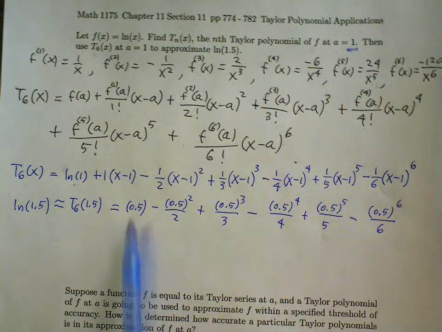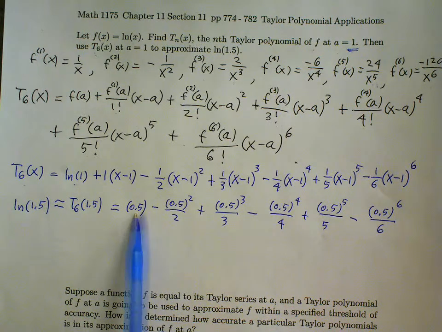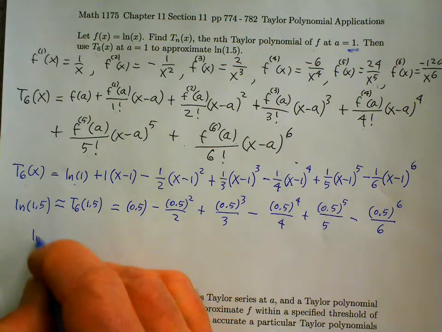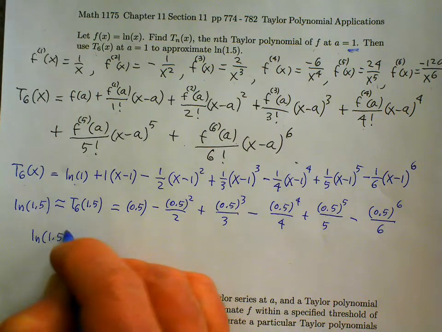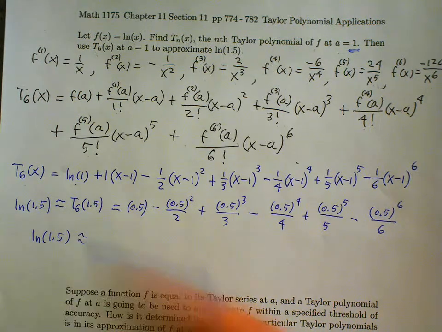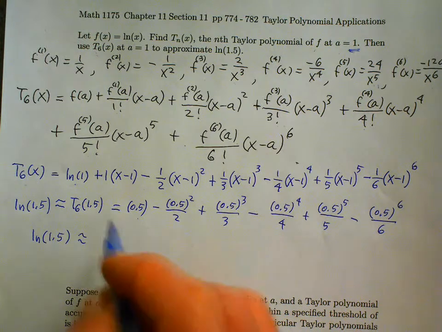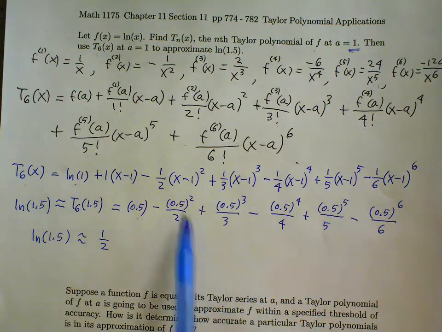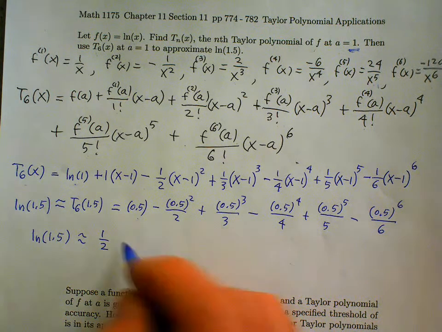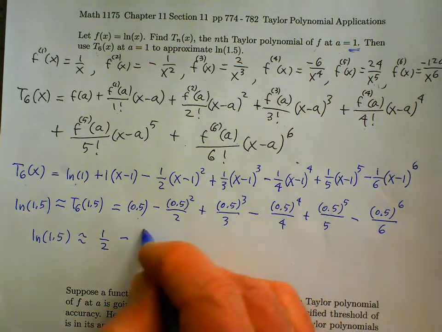But notice 0.5 is 1/2. If we just take it one step further, 0.5 is 1/2. 1/2 squared is 1/4, so minus 1/2 times 1/4 is minus 1/8.